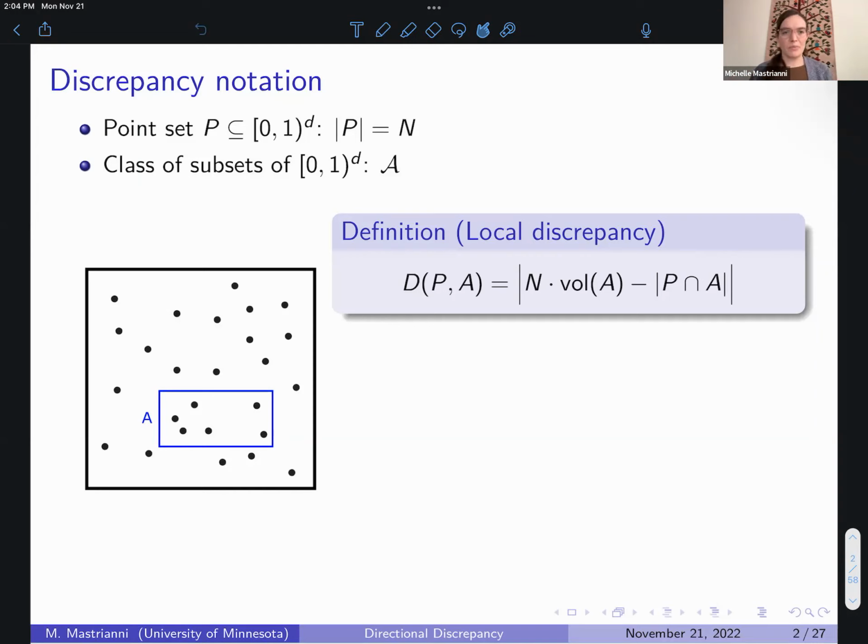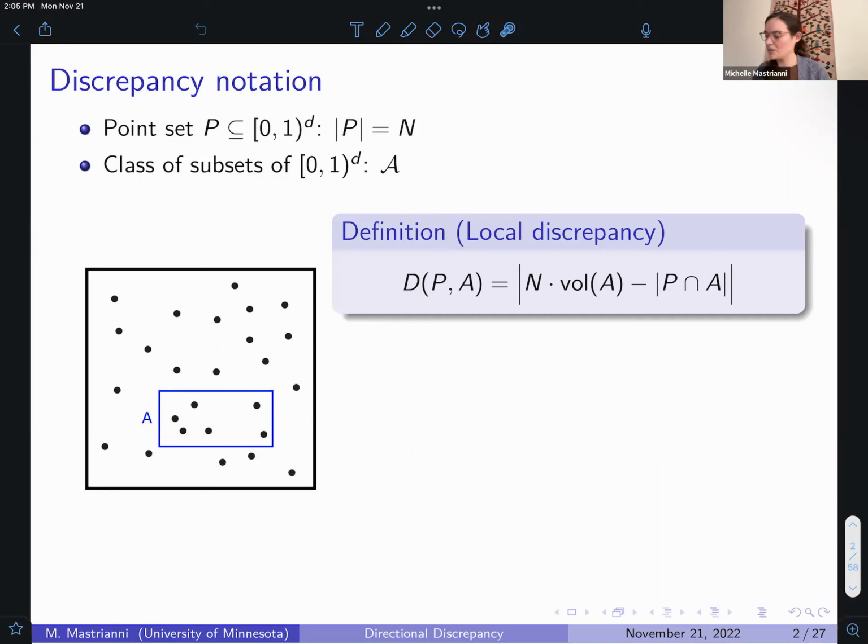But the discrepancy can be measured with respect to some natural class of sets. So you could take axis parallel boxes, balls, half planes, etc. So that's your script A, the class of sets.